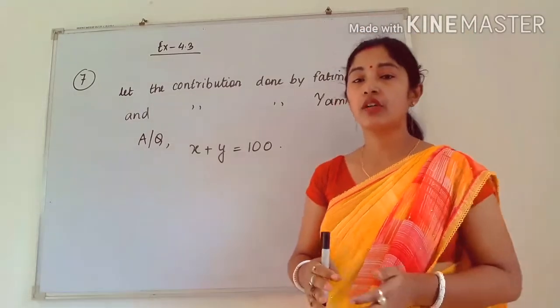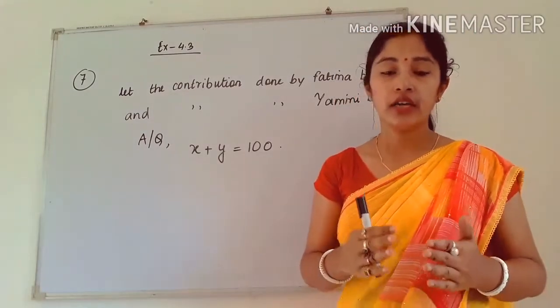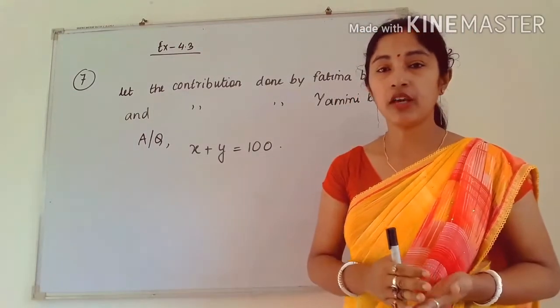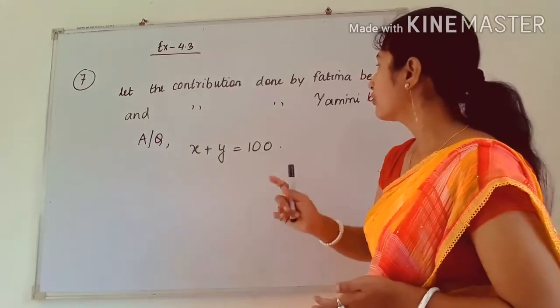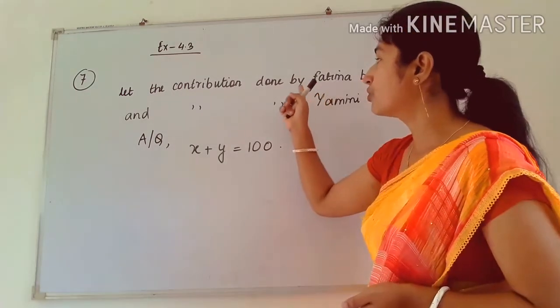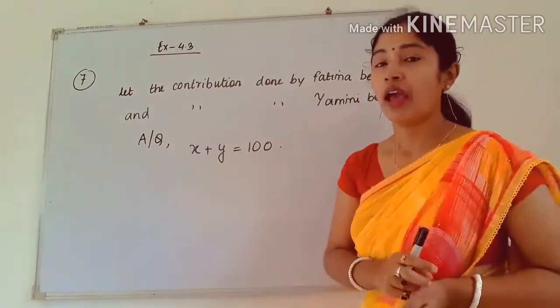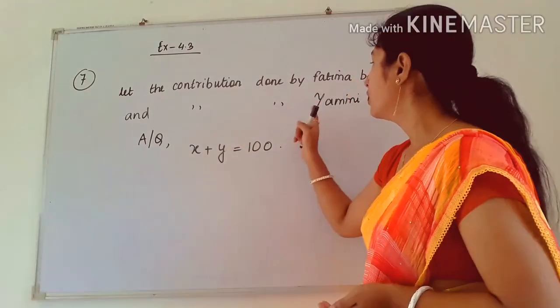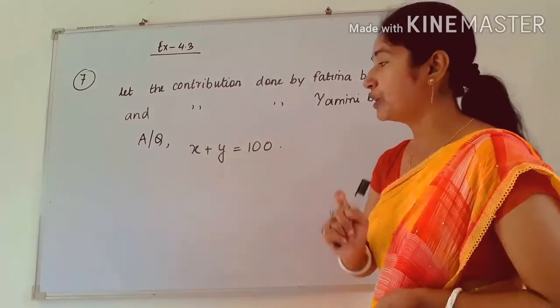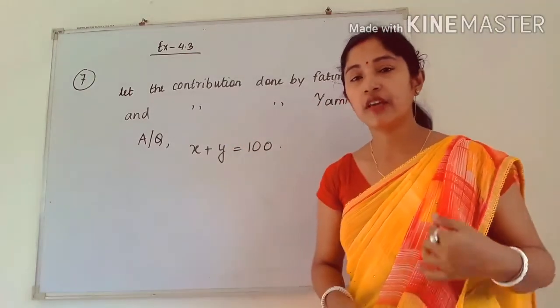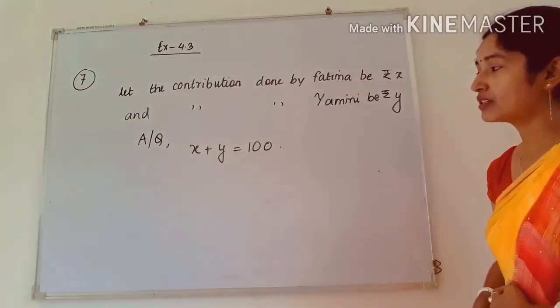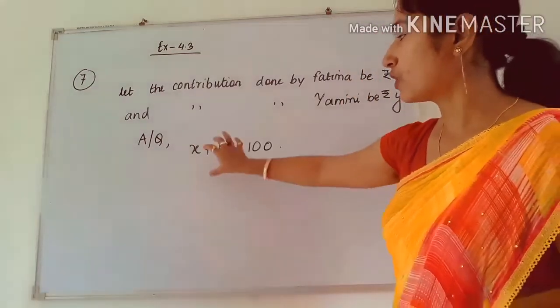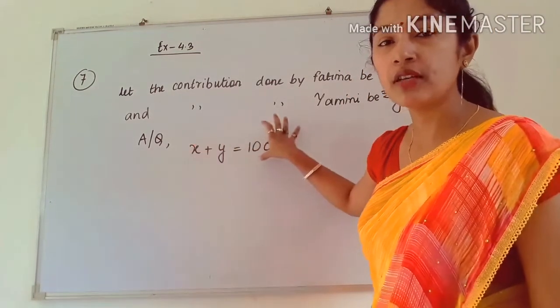So here we have to take the contribution of each one of them, each of the students. So first of all I have taken the contribution done by Fatima to be rupees x, and the contribution done by Yamini to be rupees y. So according to the question we can write x plus y is equal to 100, because the total contribution done by them is rupees 100.